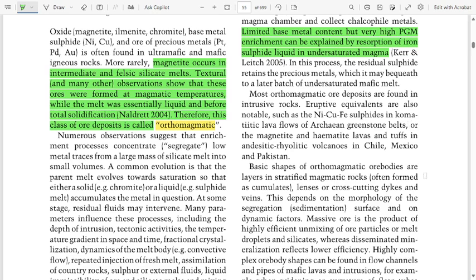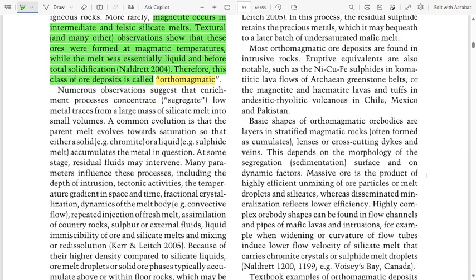Basic shapes of orthomagmatic ore bodies are layers in stratified magmatic rocks, often formed as cumulates, lenses, or cross-cutting dikes and veins. This depends on the morphology of the segregation and sedimentation surface, and on dynamic factors.